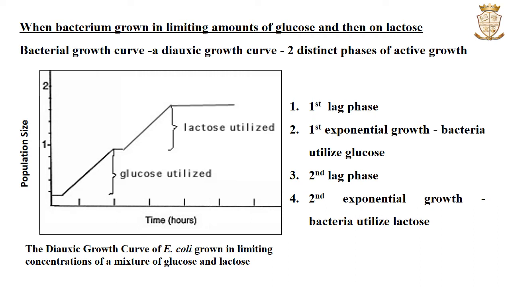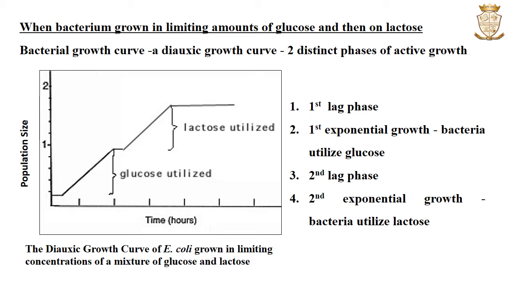So when a bacterium is grown in a medium containing both glucose and lactose, we will get a typical diauxic growth pattern which has two distinct phases of active growth. When such a growth pattern is plotted with population size on the y-axis and time on the x-axis, we will get a diauxic growth curve which has two lag phases and two logarithmic phases.